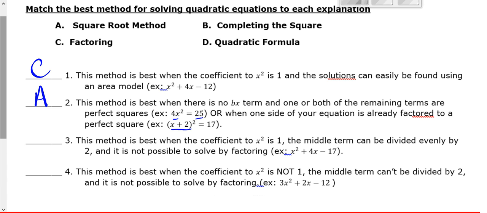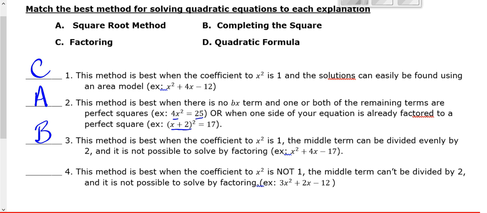Number three, this method is best when the coefficient to x squared is 1. The middle term can be divided evenly by 2, and it is not possible to solve by factoring. For example, x squared plus 4x minus 17. So if I can't solve for x by factoring, and I already have a coefficient of 1 and an even middle term, the best one to use is completing the square.